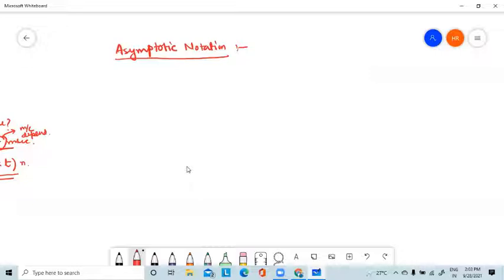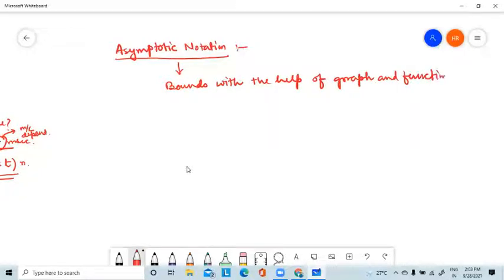Actually, in asymptotic notation, we try to represent some bounds with the help of graphs and functions. Okay, so what we try to show in this asymptotic notation is how my algorithm will change, or how my algorithm will depend on different inputs and outputs.